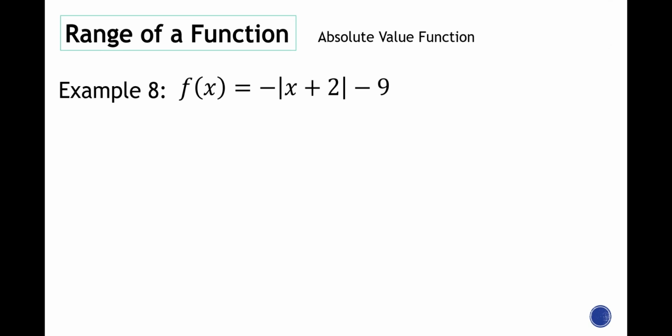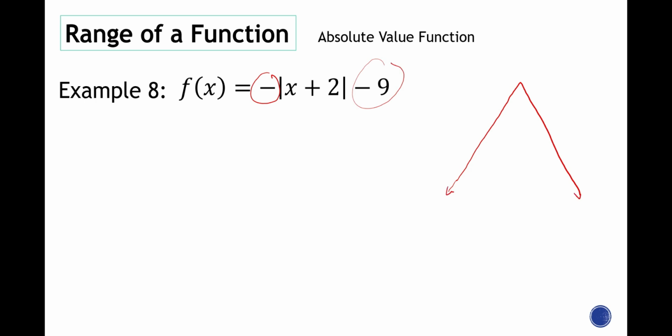Okay, so this one is an absolute value function. If you're not familiar with an absolute value function, if you graph this, it's going to be v-shaped. Now this is negative, so the v-shape is going to be like this. All you need to do is look at that negative, knowing the opening of that v-shape, because that will be part of our answer.